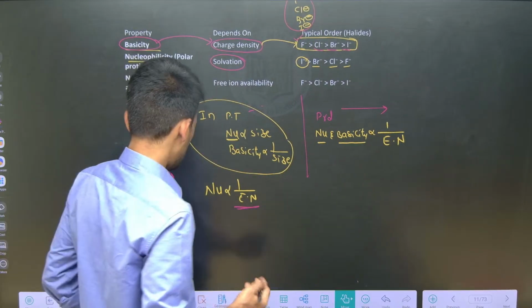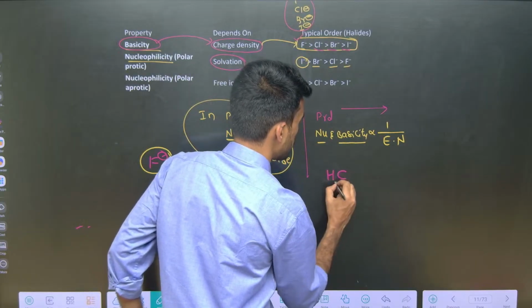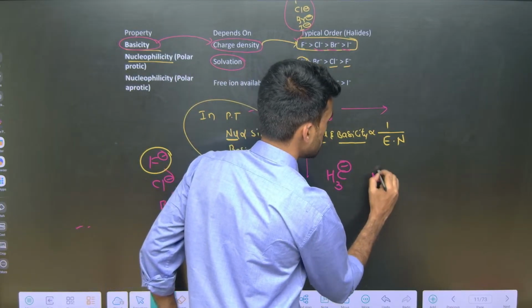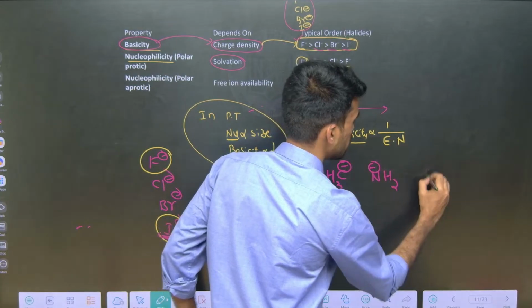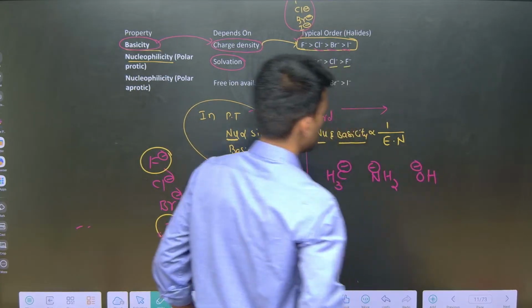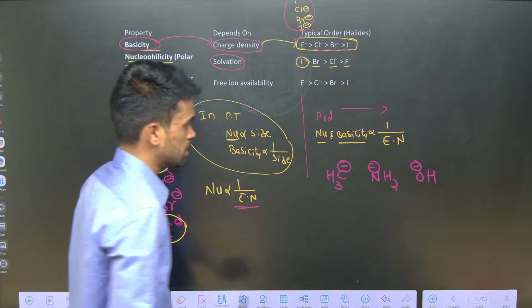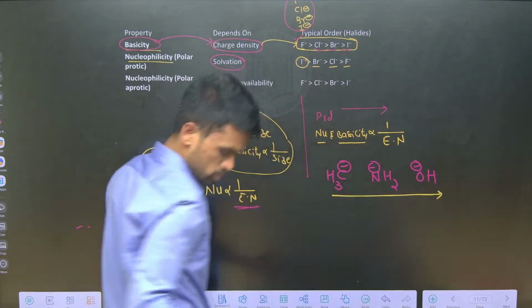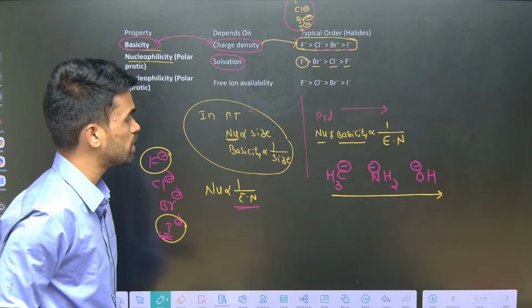For example, methyl carbanion, NH2 minus and OH minus. They will ask which is more nucleophilic. All of them are second period elements only, no? Now tell me which is more nucleophilic or more basic.